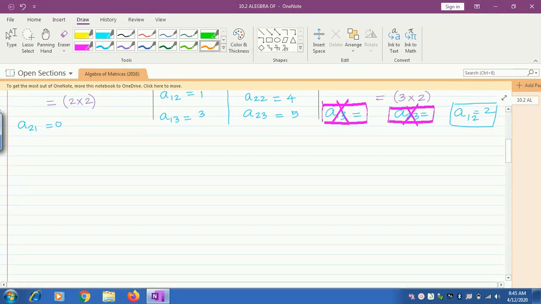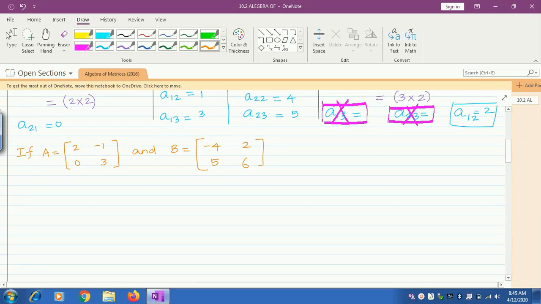Find, if A matrix is equal to minus 1, 0, 3, and B matrix is equal to minus 4, 5, 2, and 6.